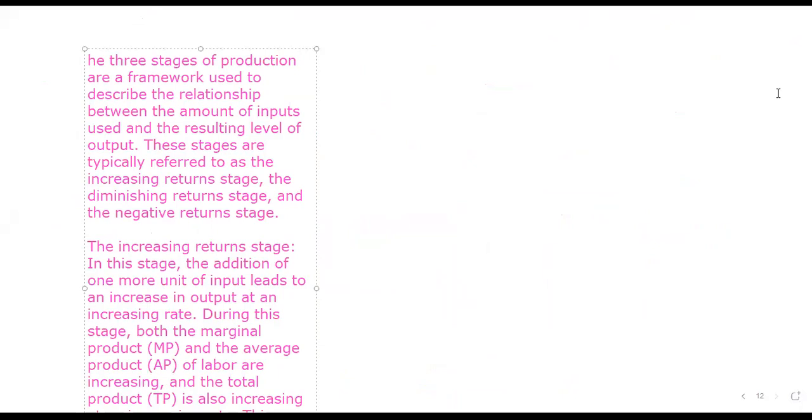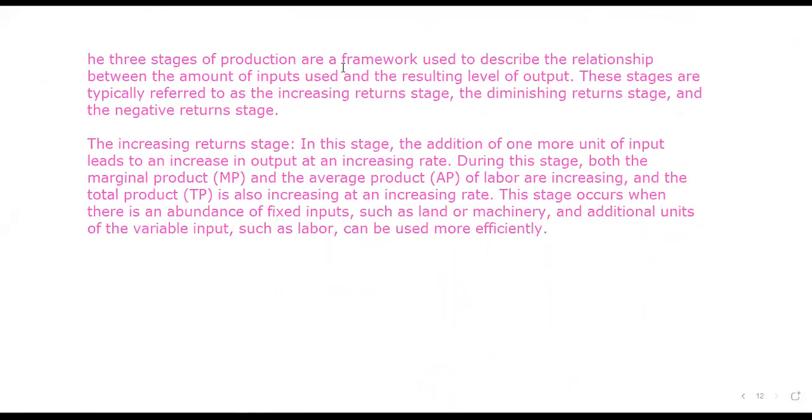So the 3 stages of production are simply a framework used to describe the relationship that exists between the inputs resulting in the output levels. So these 3 stages are referred to as the increasing returns, the diminishing returns, and the negative return stage.